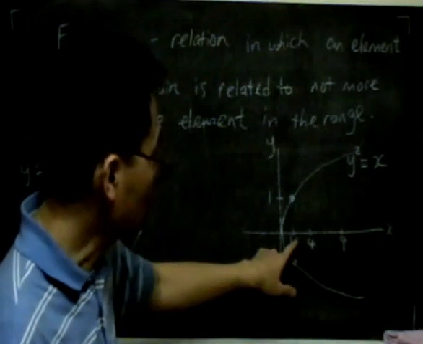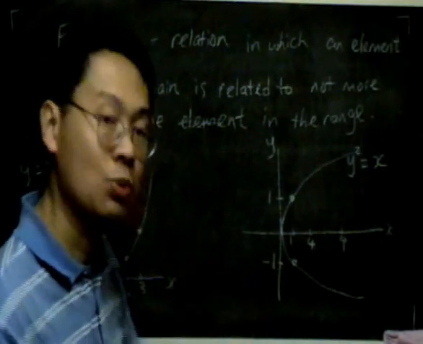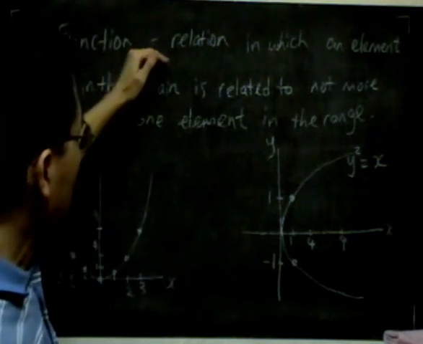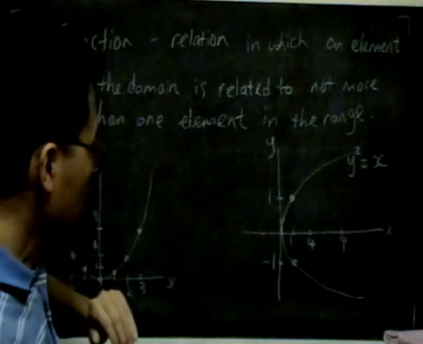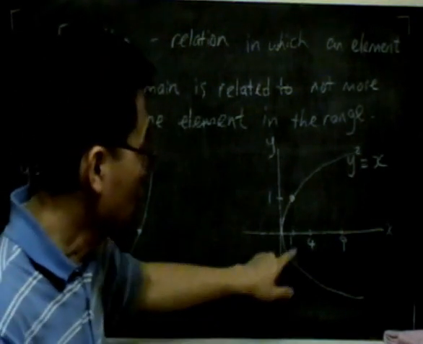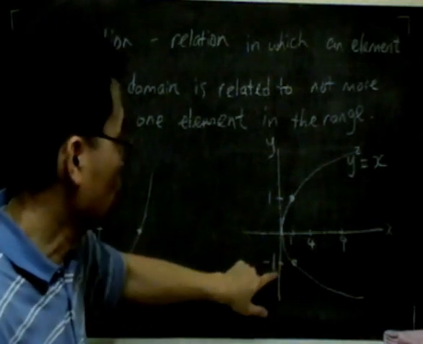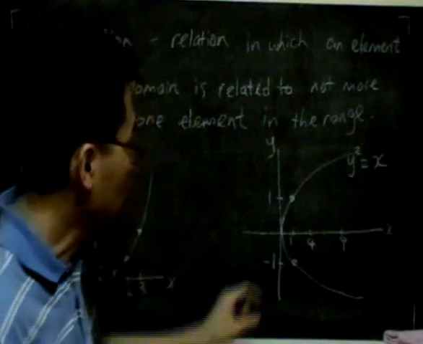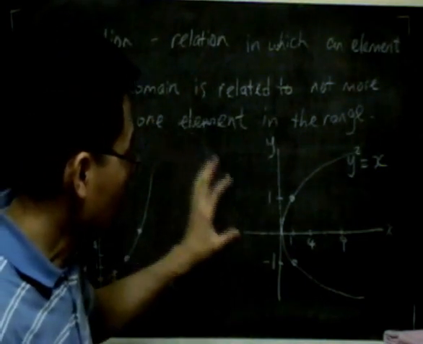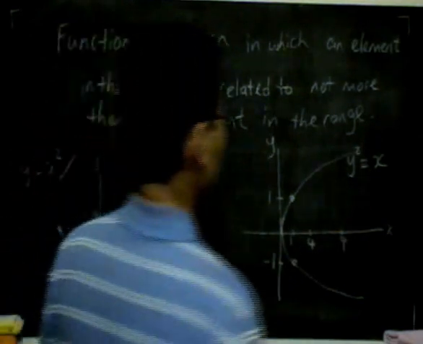So 1 is mapped to 1 and -1. If you look at the meaning of a function, you see that this is not allowed, because for a function, a value in the domain cannot be related to more than one value in the range. So clearly, y squared equals x is not a function.